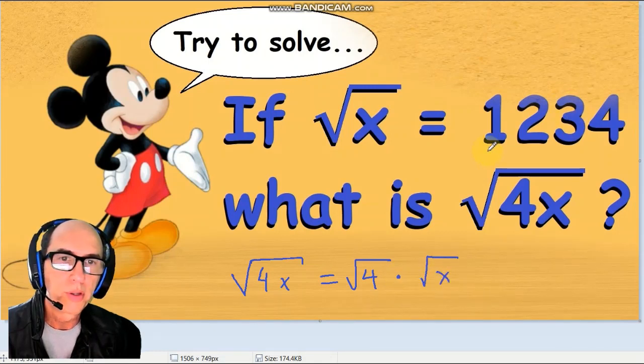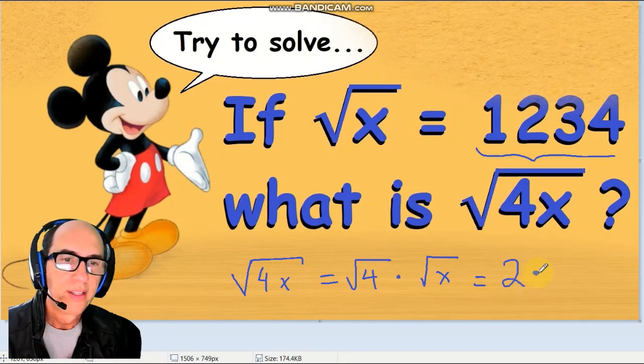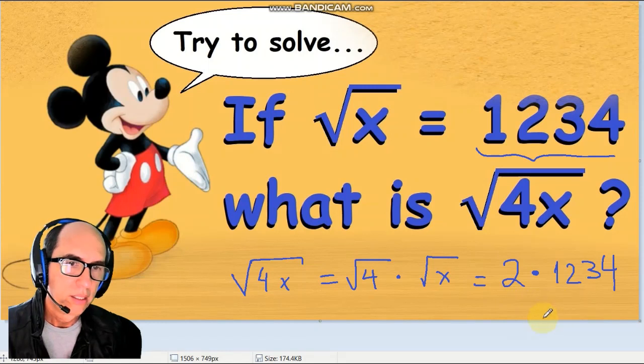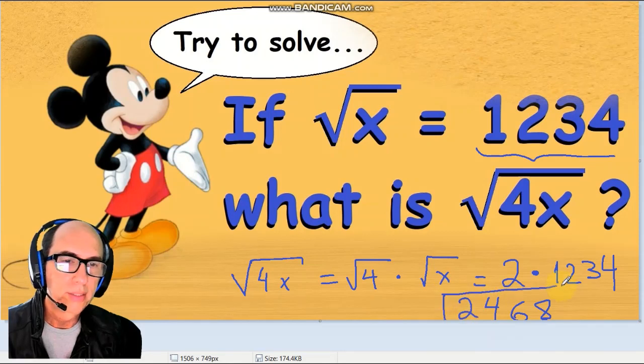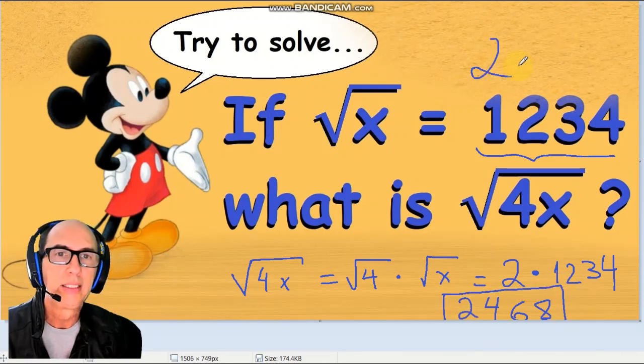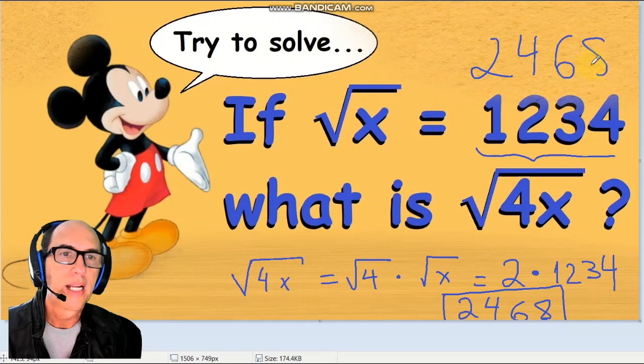Since we know square root of x is 1234, and we know that square root of 4 is 2, this is 2 times 1234, and the answer will be 2468. 2468 will be the right answer.